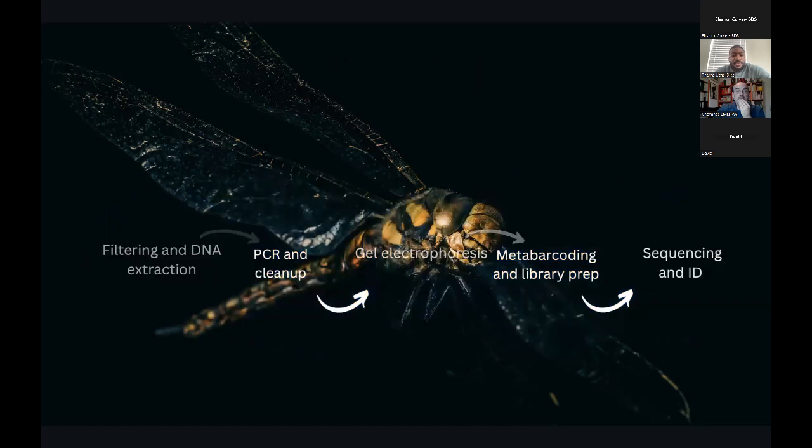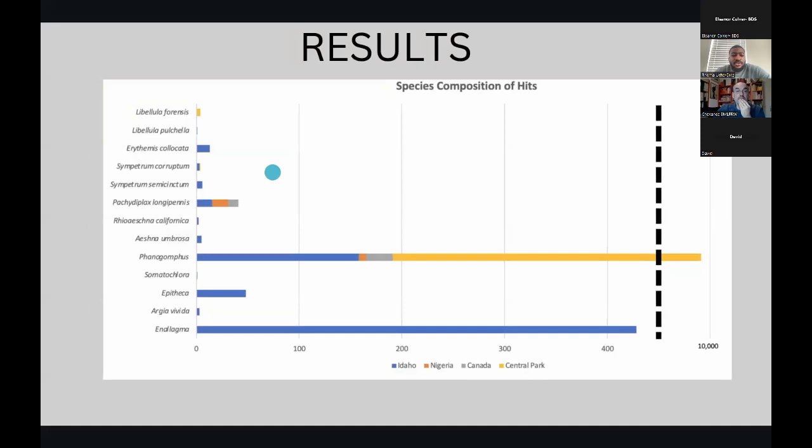And so this just shows the species composition of some of the hits we got. And by hits, I mean the number of sequences we recovered that were assigned to a given species. And so just for comparative measures, we got samples from Canada, Idaho, and Central Park in New York to compare our results from Nigeria.